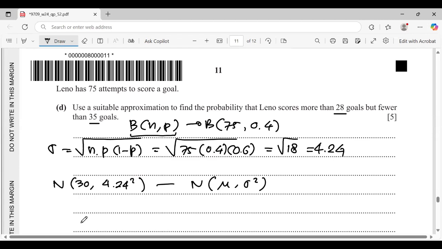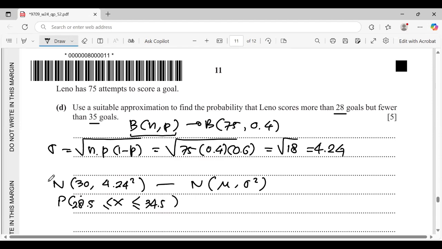Now we want to find the probability of x greater than or equal to 28.5, less than or equal to 34.5.